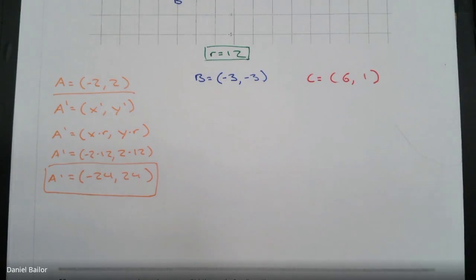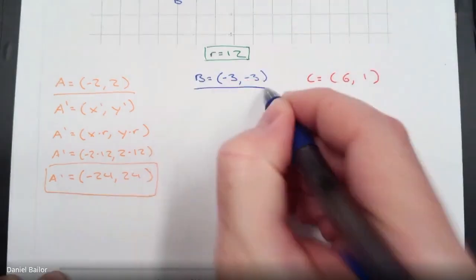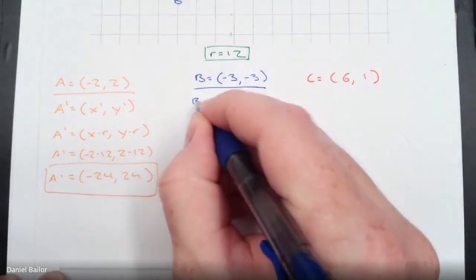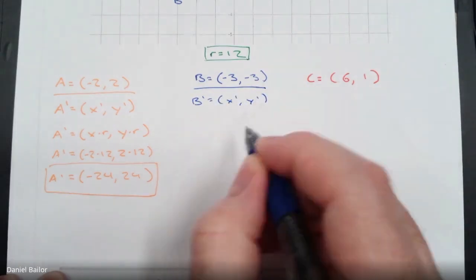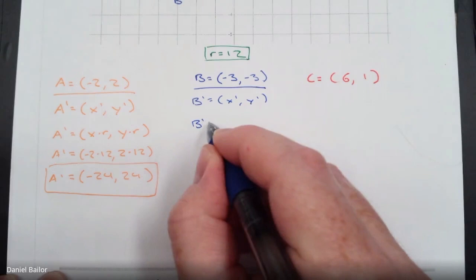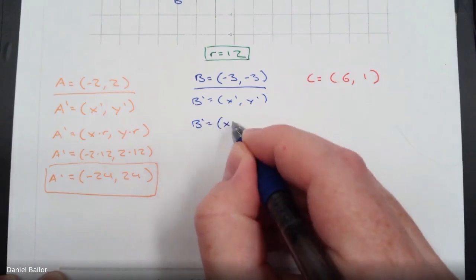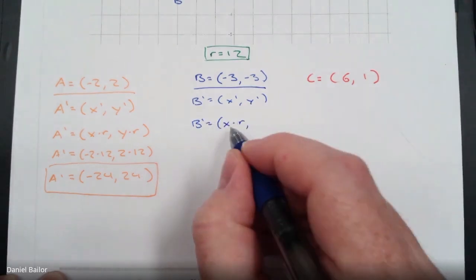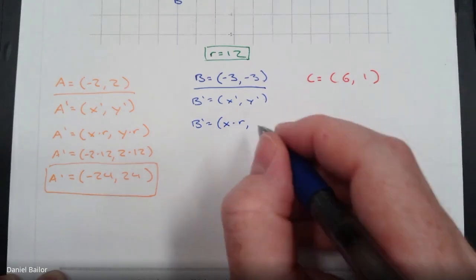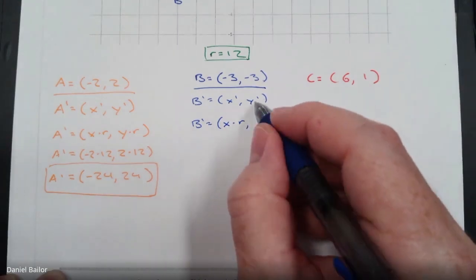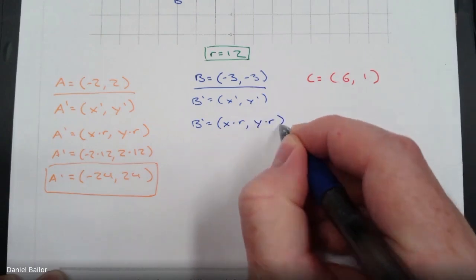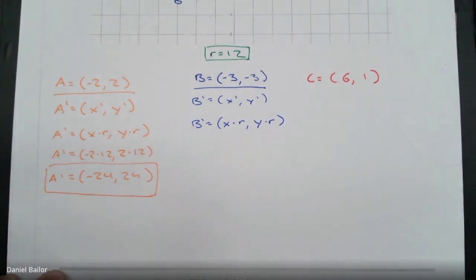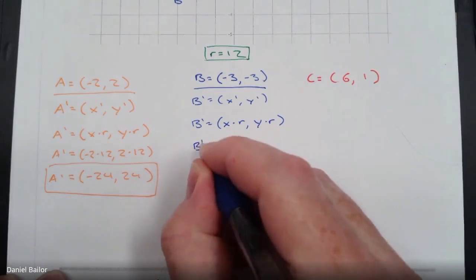And we just did the exact same thing with point B. We need to find B prime, which is going to be x prime, y prime. We find x prime by doing the original times the scale factor, the dilation equation. And the y prime is going to be the original times the scale factor, from the dilation equation. Then we just put in what we have.